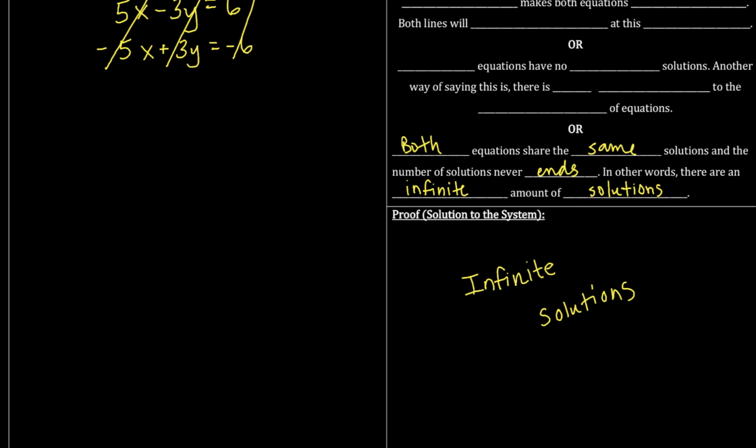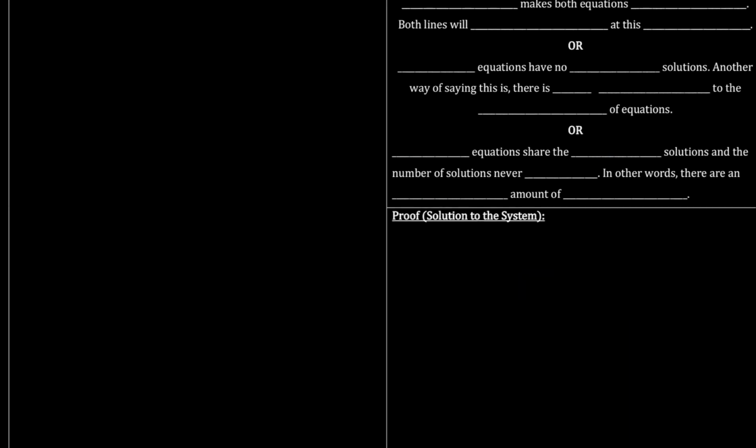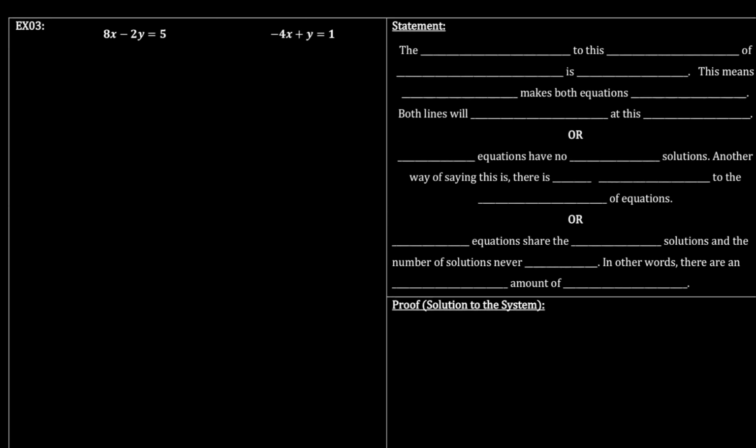And so let's go to the next page. So we have 8x minus 2y equals 5 and negative 4x plus y equals 1.